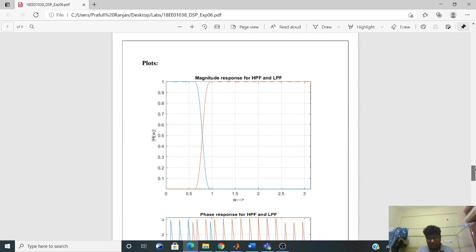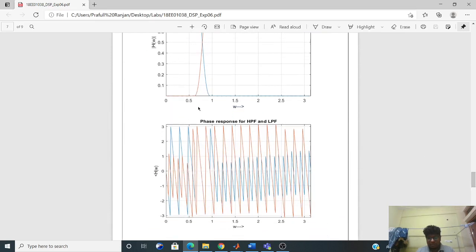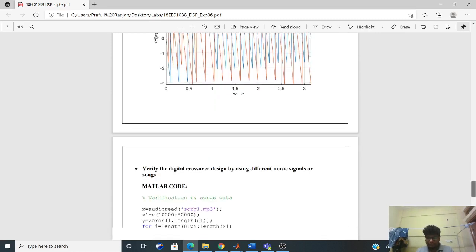We can observe that it is something like 1.57 divided by 2, which is pi by 4. And of course we can see in the phase response for HPF and LPF that the phase is linear. In IIR we have seen it decaying like this and increasing like this, but here we can see that it is linear.